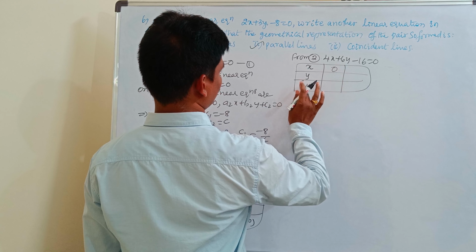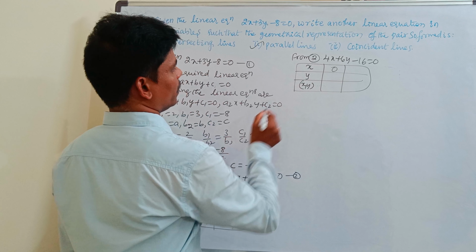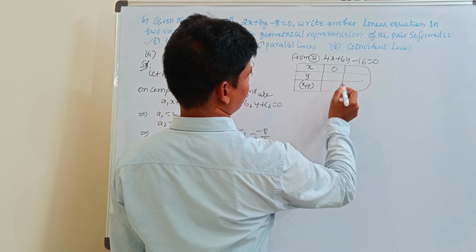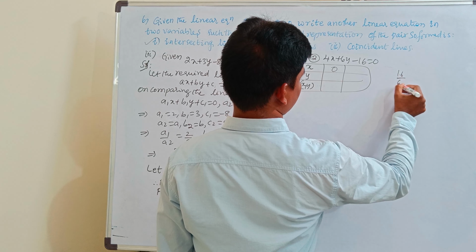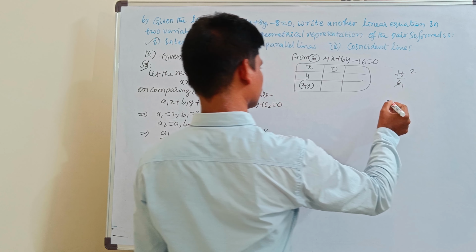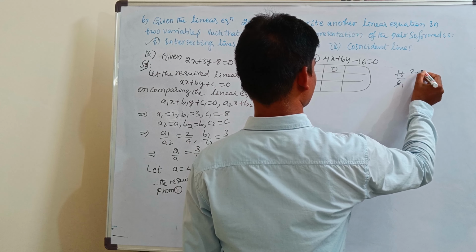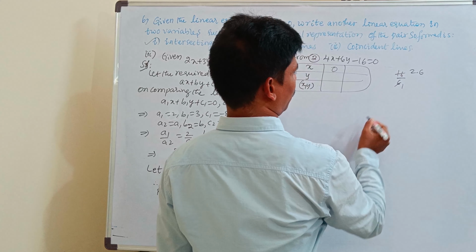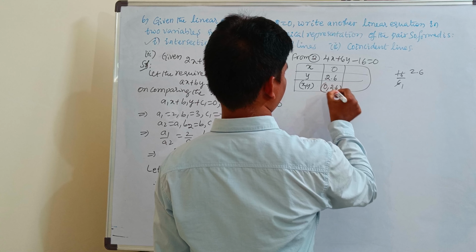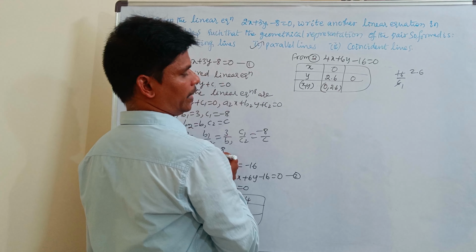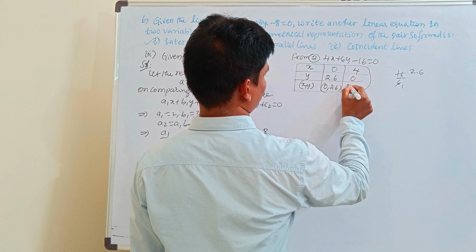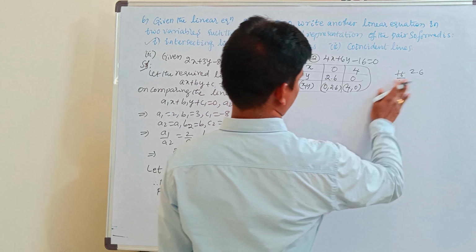Suppose x equal to 0. x equal to 0 means 6y is equal to 16, so y is 16 by 6, which is 2.6. So this is 0 comma 2.6. Suppose y is 0, then 16 by 4 means 4. So this is 4 comma 0.